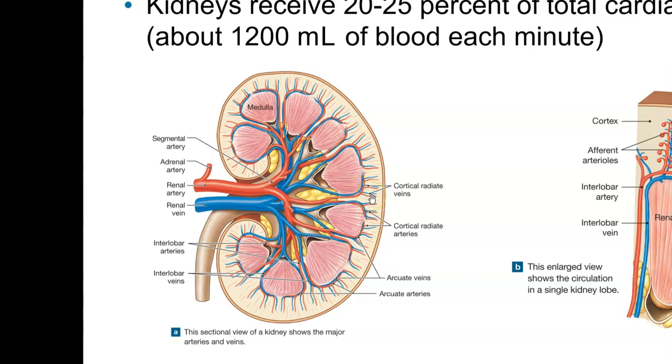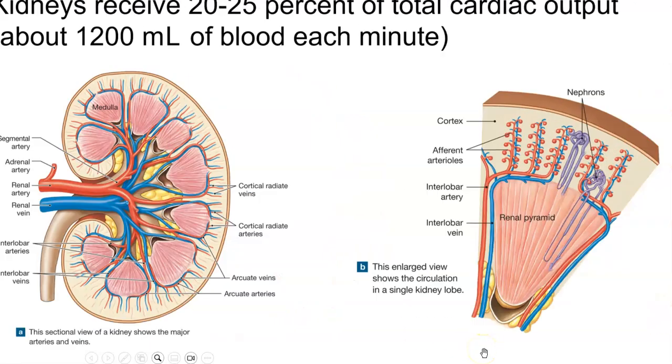Now let's trace the pathway that blood flows from those cortical radiate veins all the way back to the renal vein. We have cortical radiate veins, arcuate veins, and then interlobar veins, and we have no segmental veins. We just have interlobar veins that merge into the renal vein.